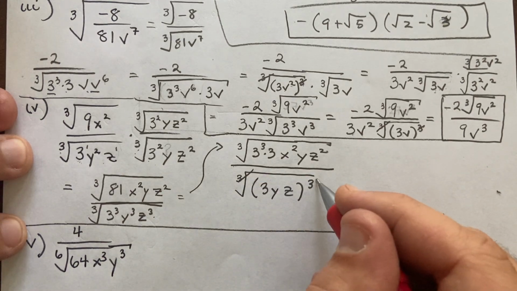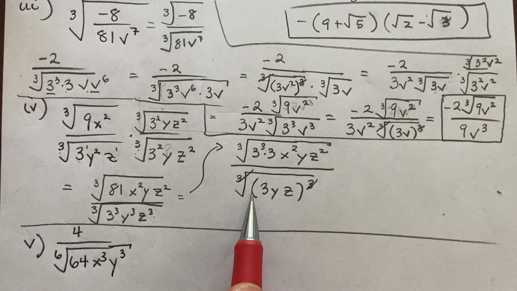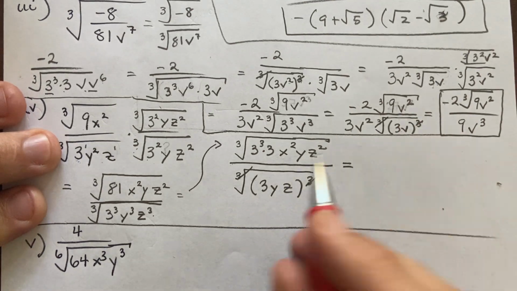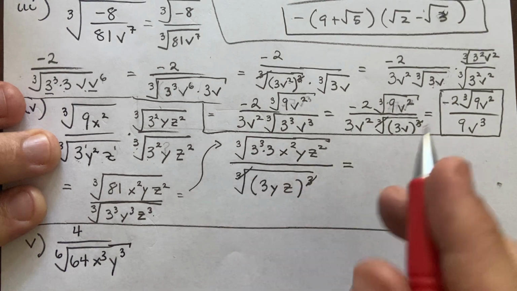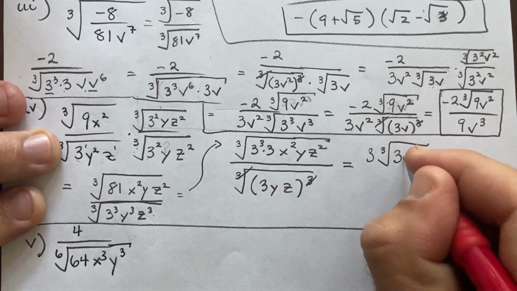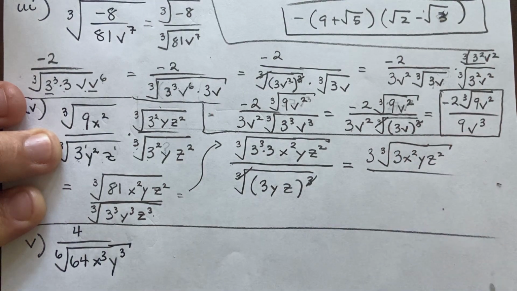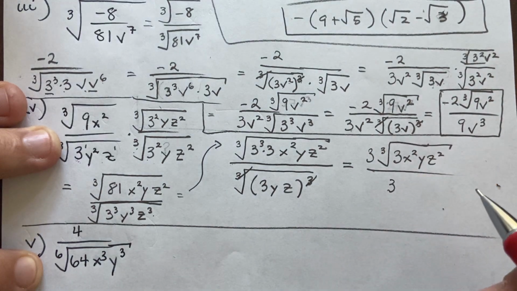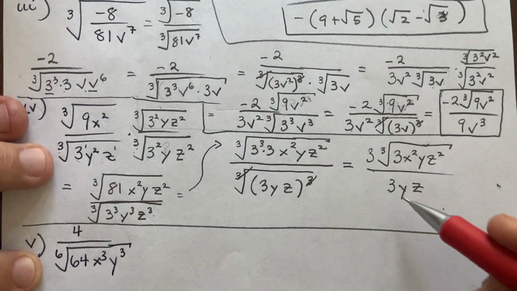This will occur now. No need for absolute value since this is an odd index. And a 3 will come out, right? Cube root of 3 cubed means I'll have 3 cube root of 3x squared y z squared over 3yz and the 3's can cancel.